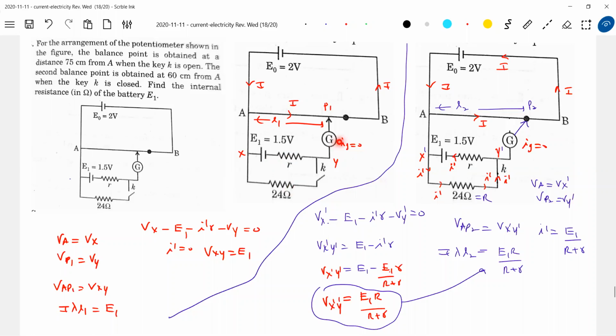Whenever we are using this potentiometer, current through the galvanometer will be 0. And always this Vxy, now Vxy will read what? EMF of a cell. Now what is Vx dash y dash? It's the terminal voltage. When you bring a resistor, it will read terminal voltage. When the key is open, if there's no resistor, it will read the EMF.